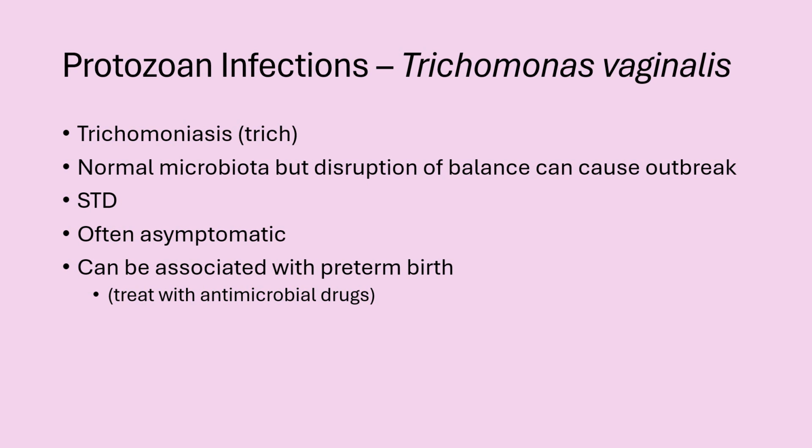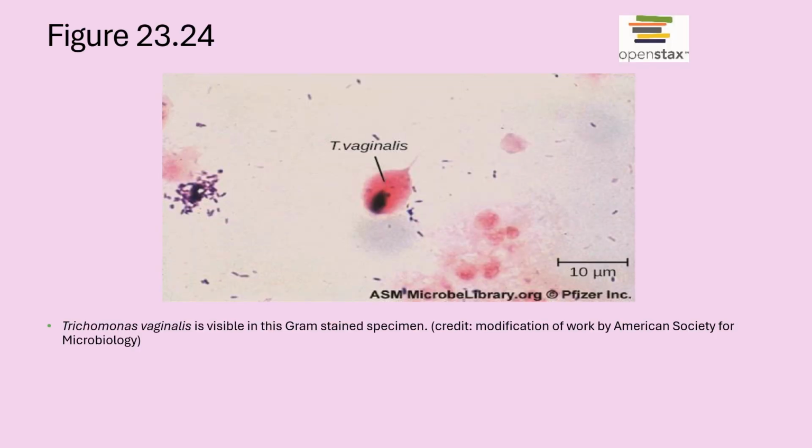It's usually asymptomatic. If a woman is pregnant, often it can trigger premature labor, so it's something you need to be aware of as to whether or not she's going to deliver a premature infant. You can treat it with antimicrobial drugs.